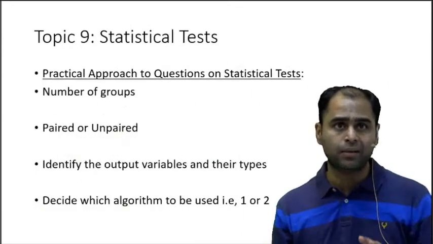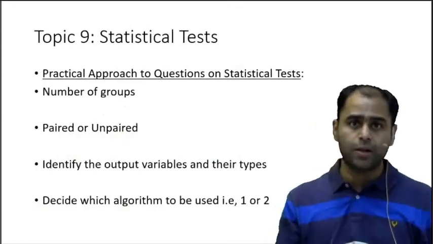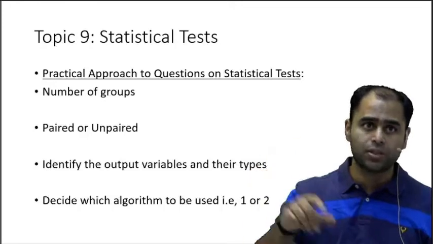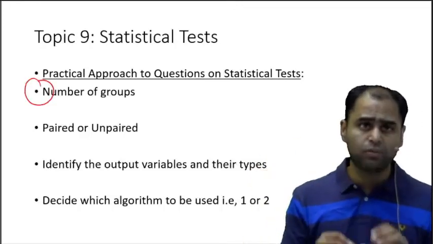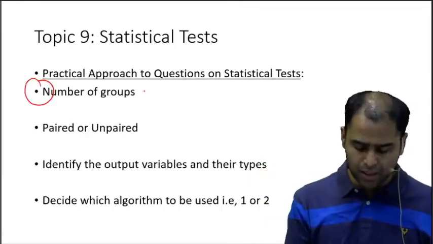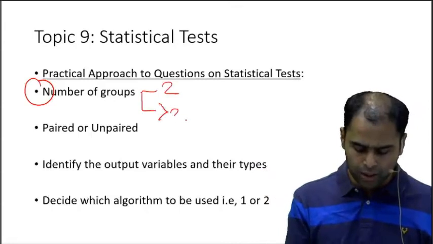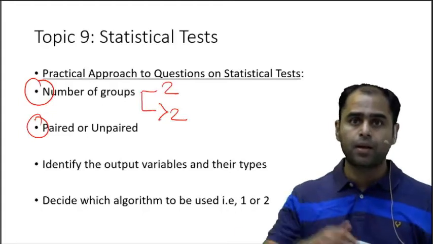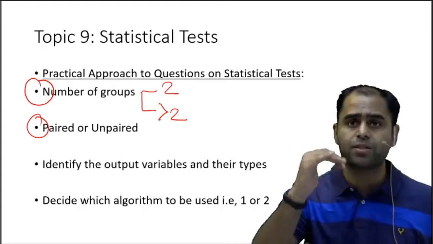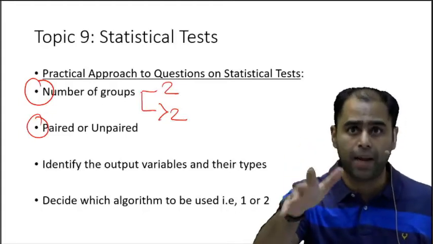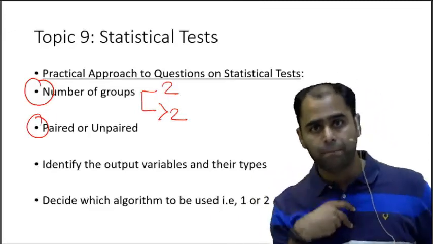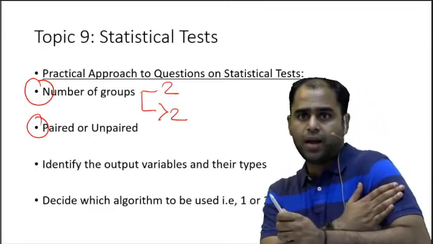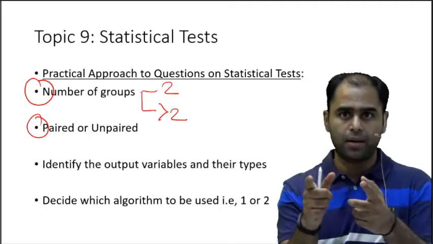Topic 9, the statistical test. The practical approach to questions. Number of groups. Always remember it will be 2 or more than 2. Paired or unpaired. When the same person provides more than one data, it is paired. Measure my BP on the left hand and on the right hand, paired.